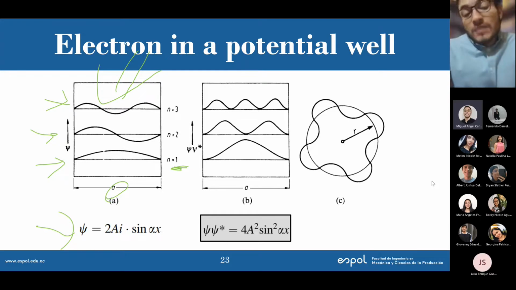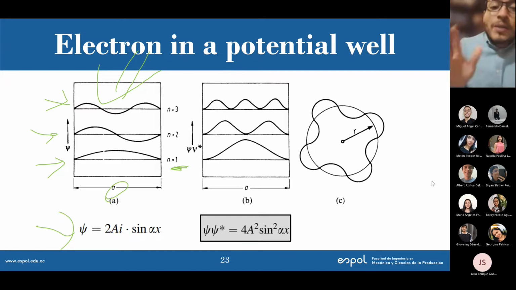Well, it is a good observation, but what I want to point out here is, realize that for each level of energy, so for n equal 1, n equal 2, n equal 3, the number of waves you have in the A range is the same as that value of n. So in the first level of energy, for n equal 1, you have only one wave in the A range.